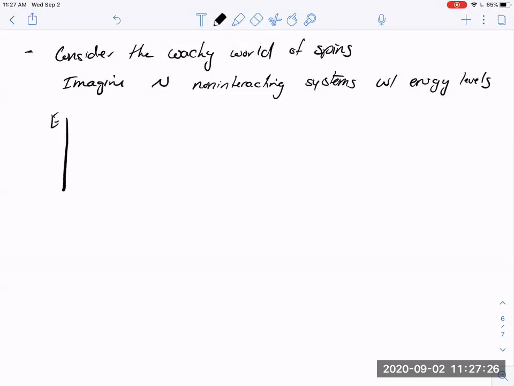So I have energy increasing, going up. I have a ground state and an excited state. Spin number 1 can be in either its ground state or excited state.